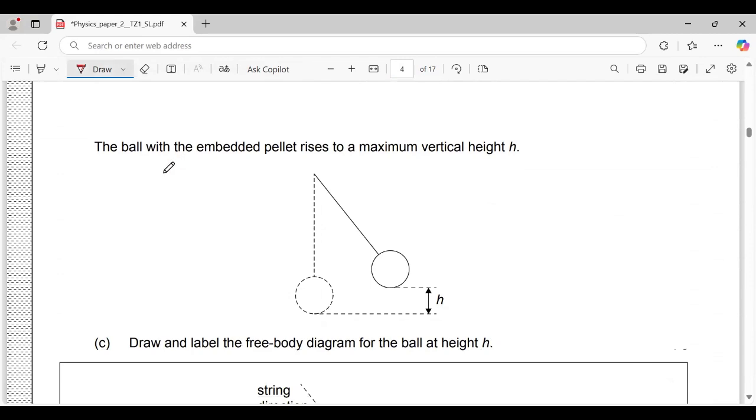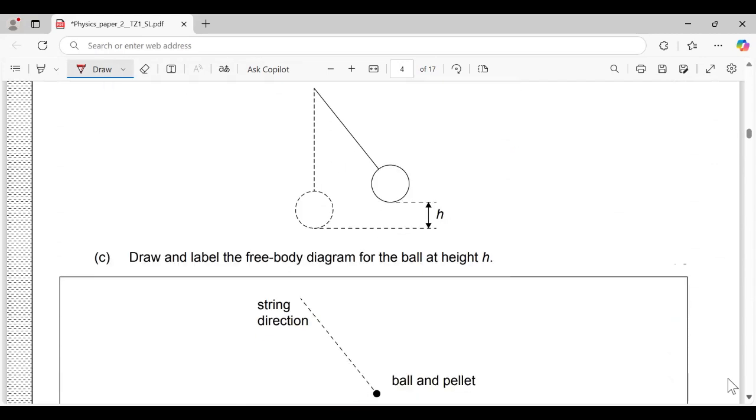The ball with embedded pellet rises to a maximum vertical height, h. This is the diagram, this is h. Draw and label the free body diagram for the ball at height h.